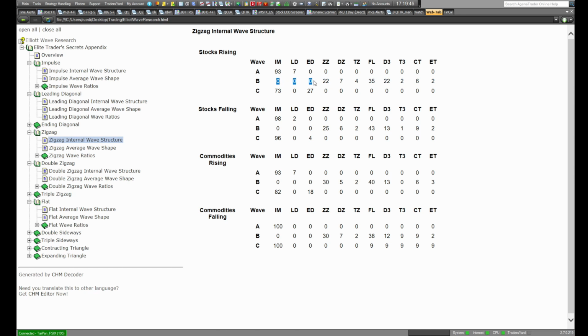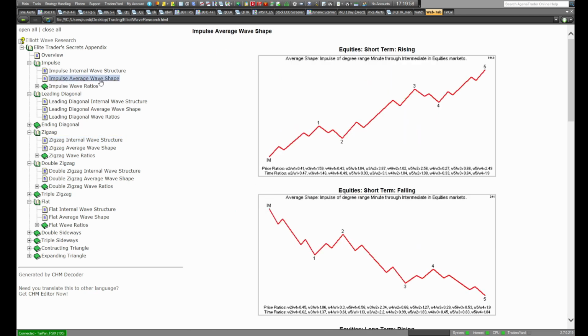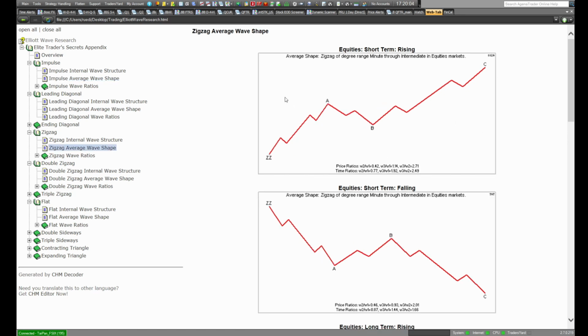The B wave cannot be impulsive, and the C wave is impulsive. So of course the chances are really high that the market will continue. It's not absolutely important to understand at that point whether we have this picture or this picture. If we enter the market somewhere around here, the market will continue in the same direction. That's the most probable outcome.